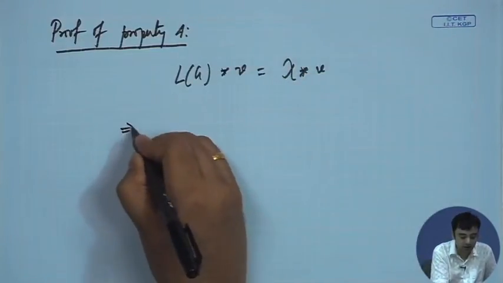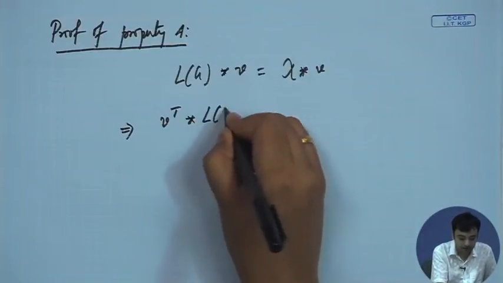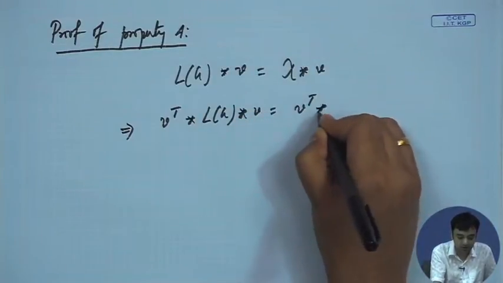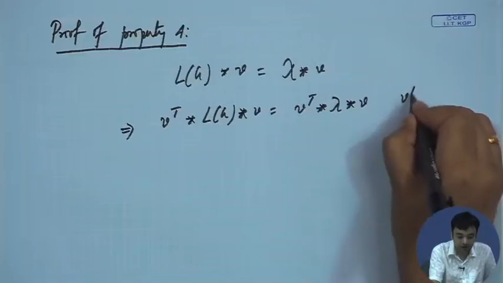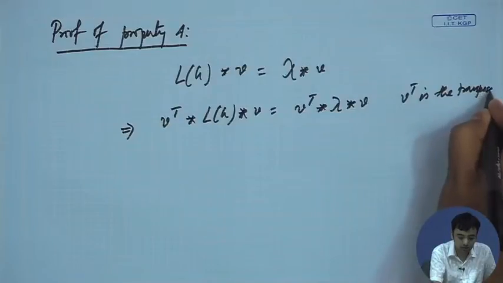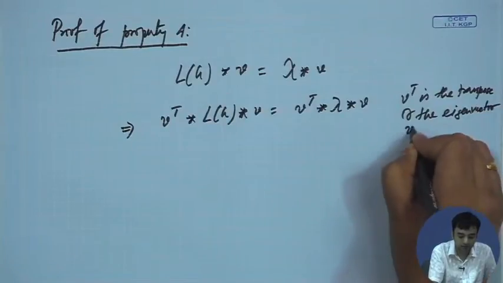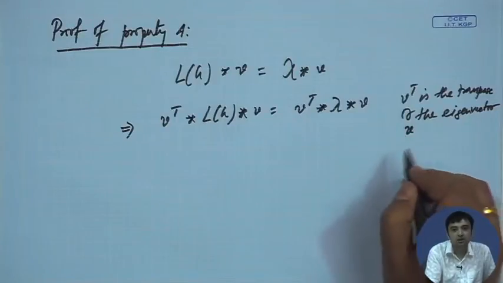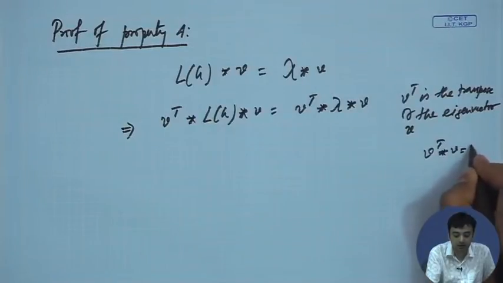So, now we can write something like this: V transpose star Lg star V is nothing but V transpose star lambda star V, where V transpose is the transpose of the eigenvector V. Since V transpose is the transpose of the eigenvector V, if you take the product V transpose V, this will be nothing but a scalar value.